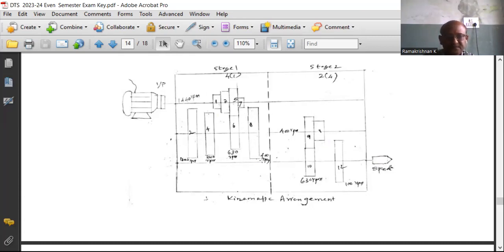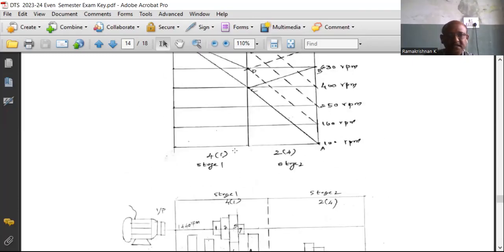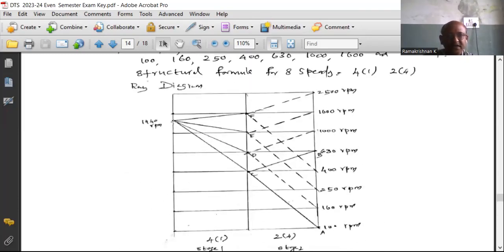Okay. Now you also denote the speed. That is the smallest gear 7. So the output is the smallest speed available. It is the largest gear, and the smallest speed is the output. From the diagram, for the input the F, E, D, C is the first stage 4 output, that is 400, 630, 1000, 1600.